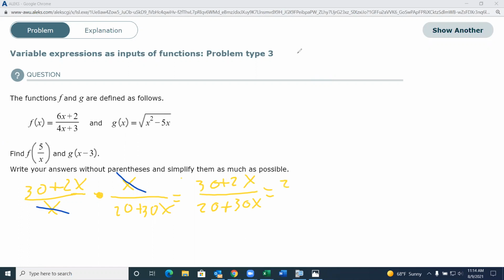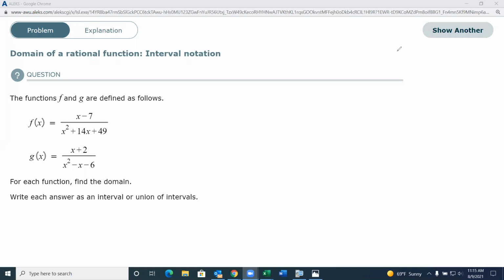Yeah, I could factor a 2 out of both. And therefore I can cancel those 2's and I'm done. And that is going to be it. Can't simplify any further.